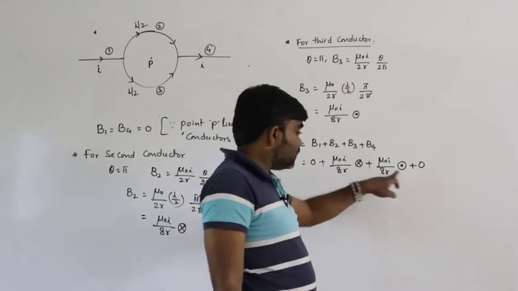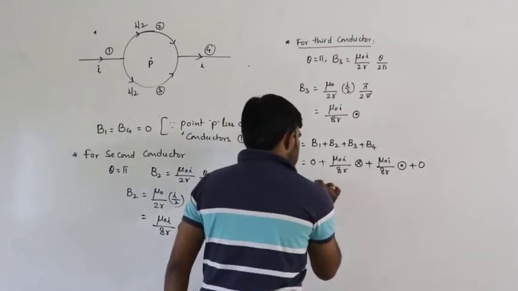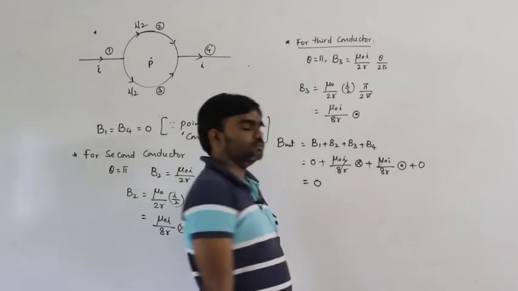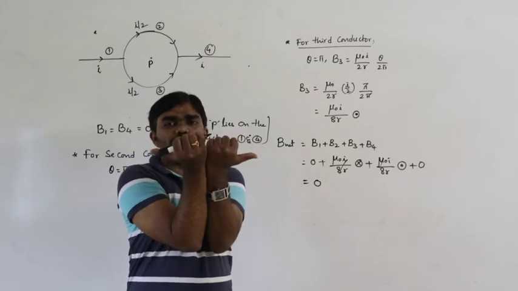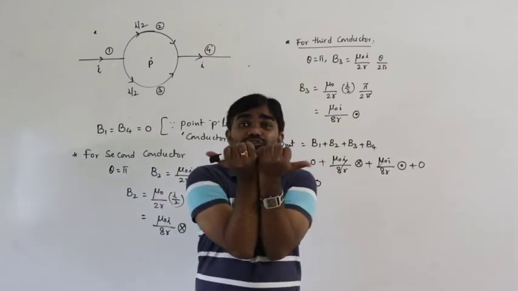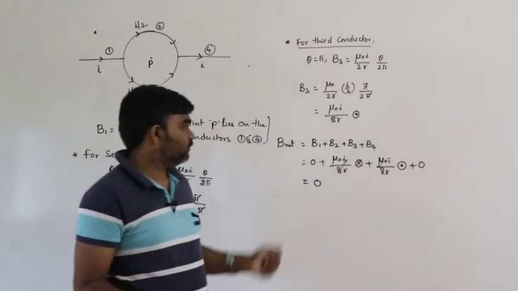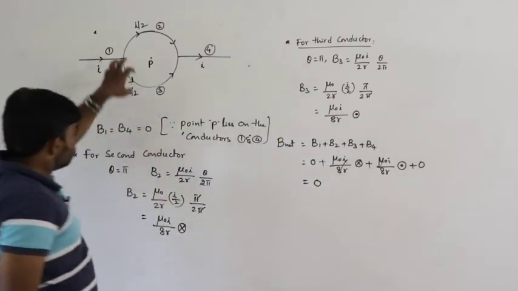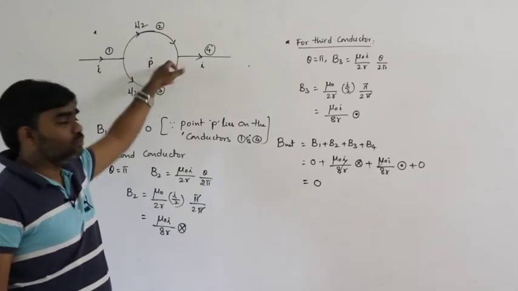Both have the same magnitude, so they cancel each other, just like equal forces acting in opposite directions give zero net force. In the same way, the net field at the point P must be equal to 0.